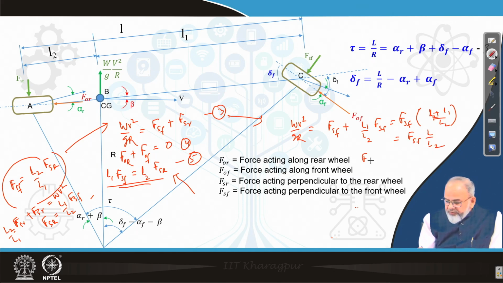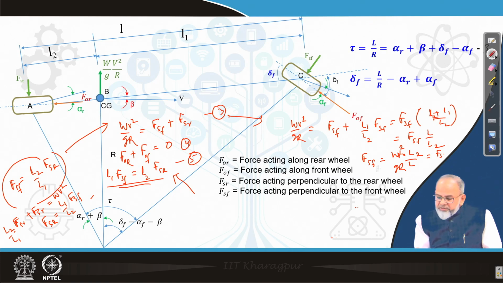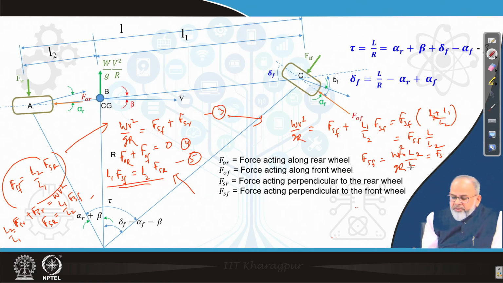So, F_sf will be equal to W into L2 by L into v square by g r. Now, this W into L2 by L is nothing but the weight acting on the front axle, because we have taken F_s as the total force acting on both the wheels.